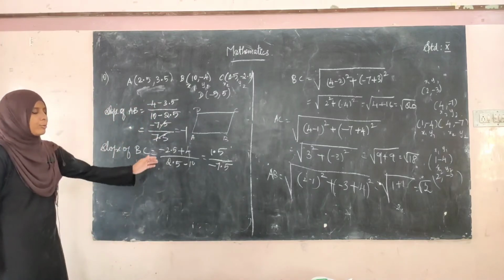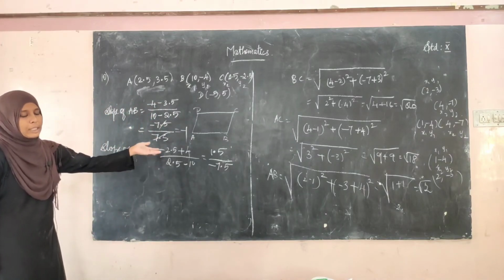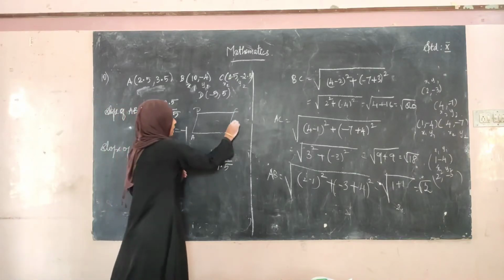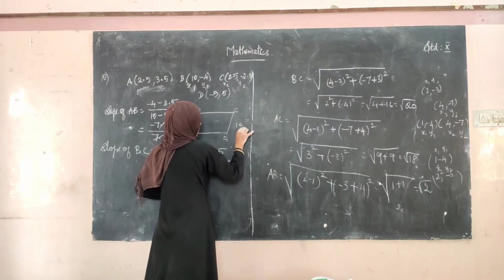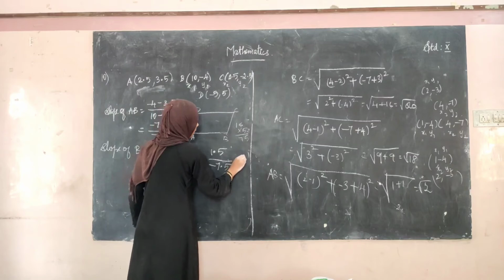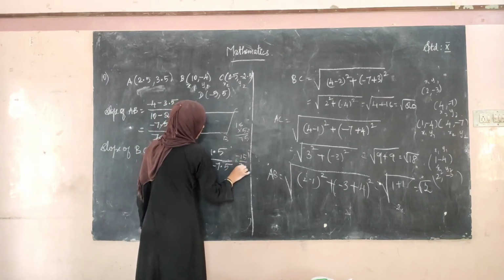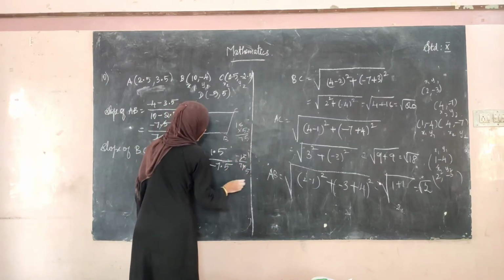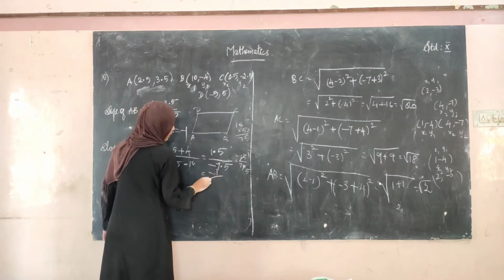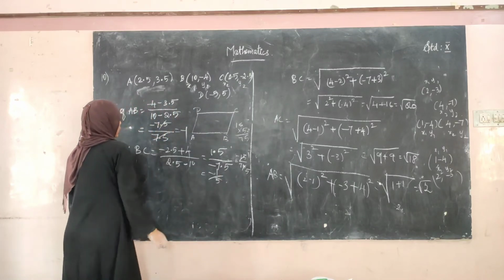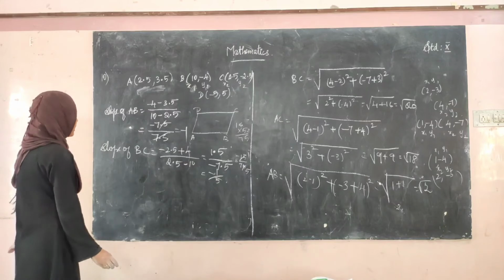Yes, we know that 15 into 5 is 75. That can be written as minus 15 divided by 75. So it is equal to minus 1 divided by 5. So the slope of BC is minus 1 divided by 5.